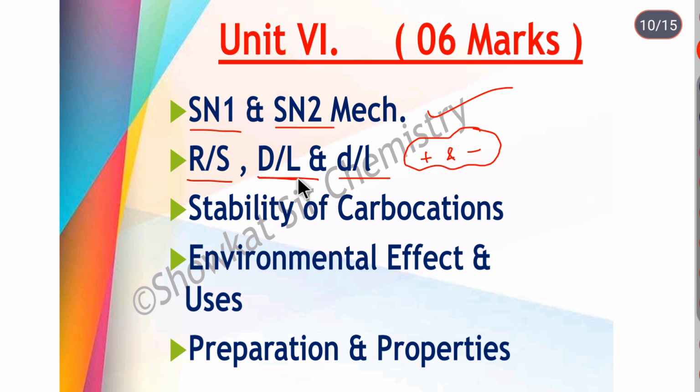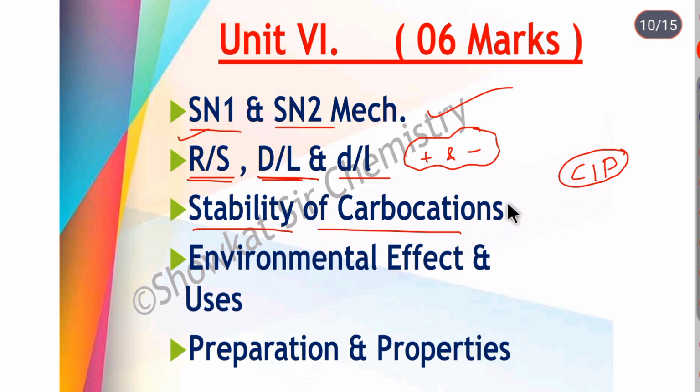And the capital D and L is different. You should know this and how to calculate the RS nomenclature. I hope you have already studied the rules, the CIP rules, that is Cahn, Ingold and Prelog priority rules.